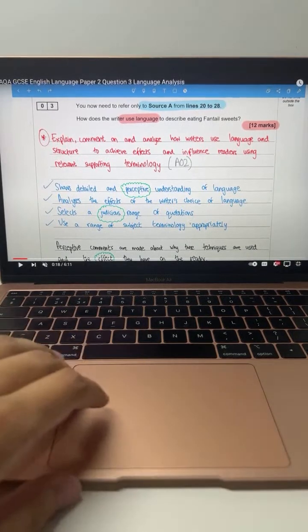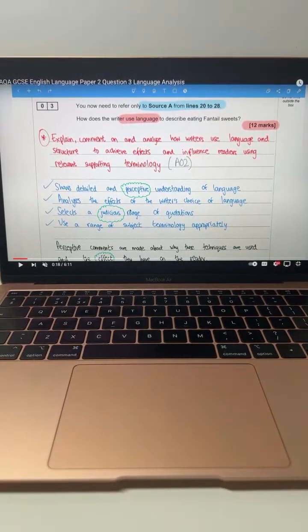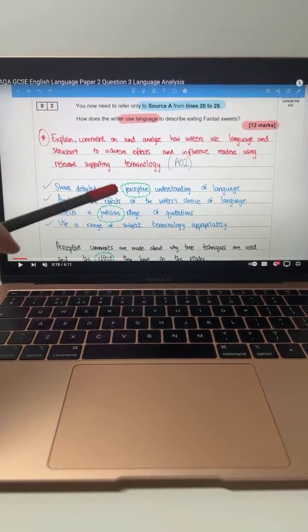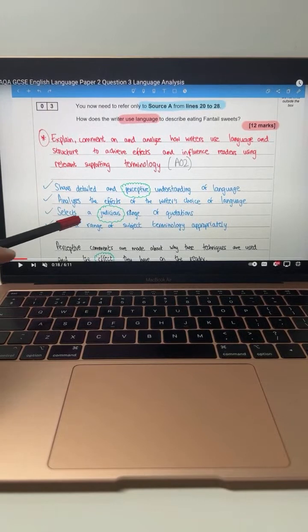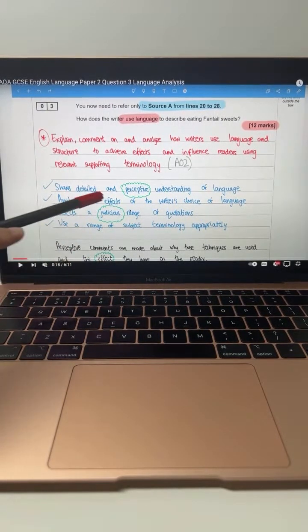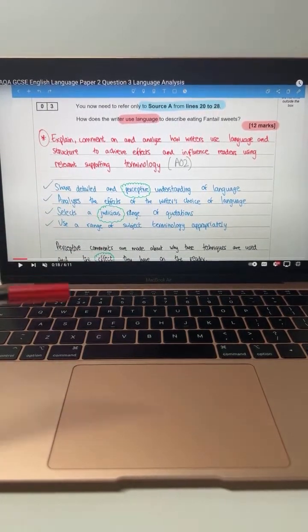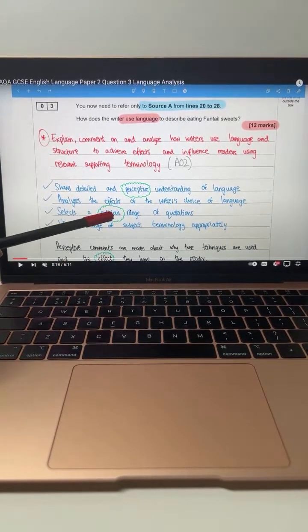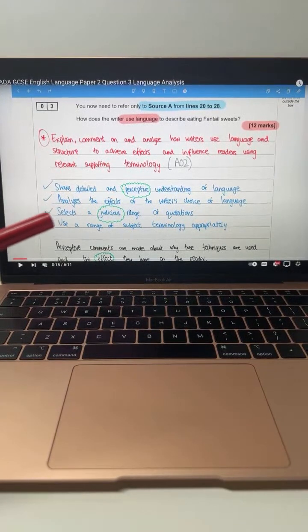Secondly, analyzes the effects of the writer's choices of language. Remember, the effects of the language is very important for this question. Selects a judicious range of quotations. What this means is you have to be very selective and precise. Don't just pick out any random quotes. Pick out quotes which are best suited to answer the question.